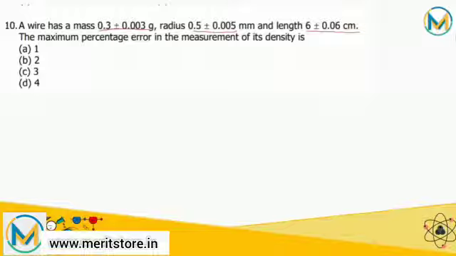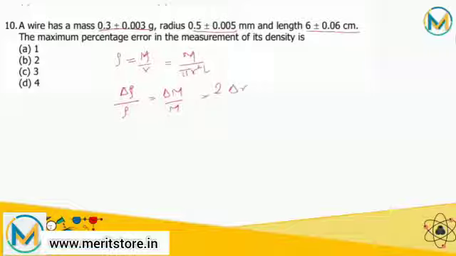So first of all, we know that density rho is equal to mass upon volume, which can be written as mass upon pi r^2 L. Now, if we take the difference, delta rho upon rho is equal to delta m upon m, plus, since r squared, 2 delta r upon r, plus delta L upon L.